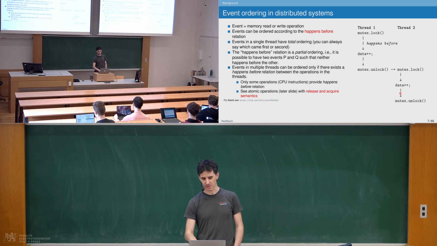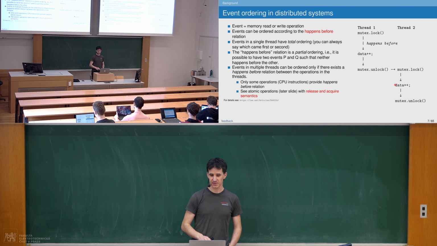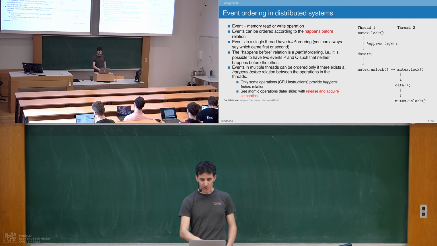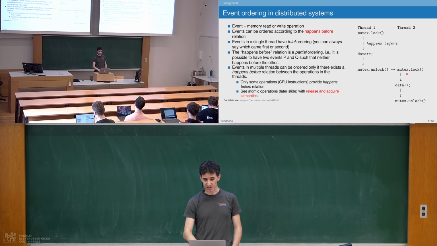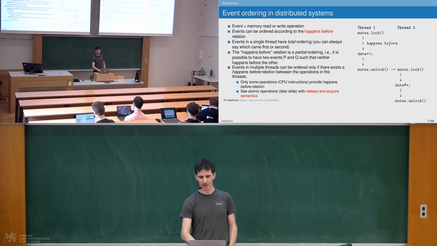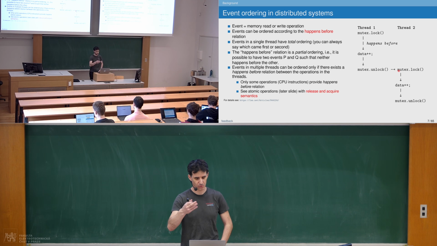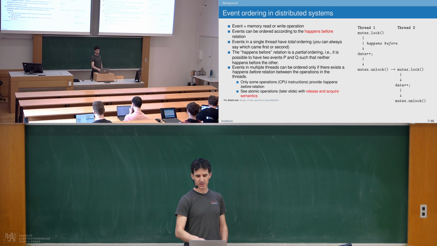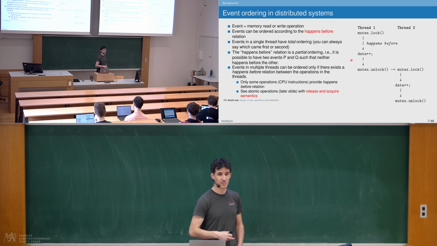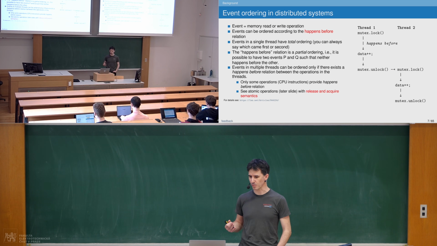So if you read this data in another thread, for your program to behave correctly and deterministically, there must be a path in this graph of happens-before relation from this data modification to the other data access. If, for example, you just forget to use the mutex here, there is no path in this graph, and this means that you have race conditions in your program.